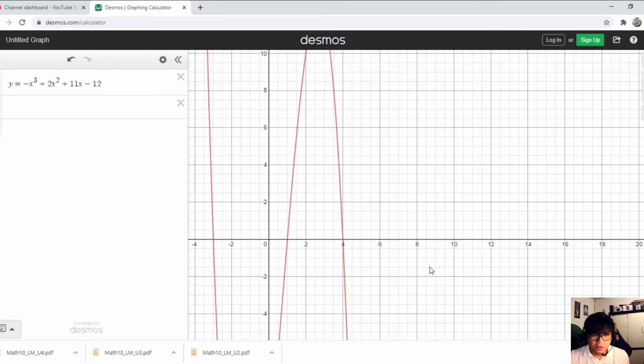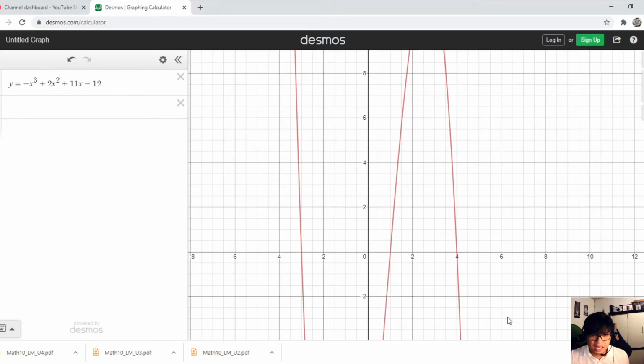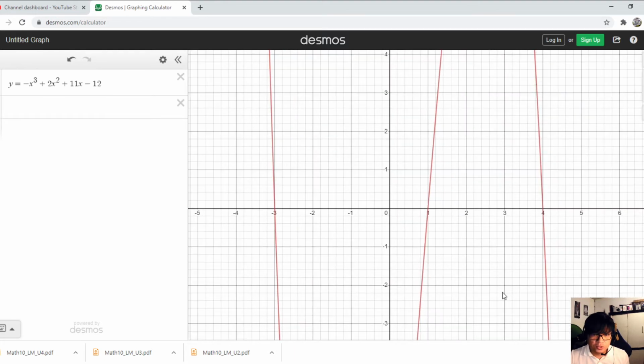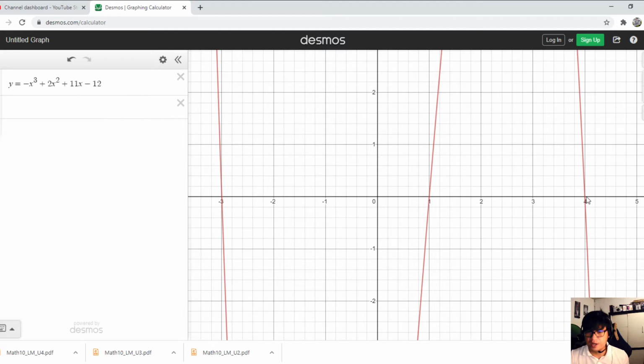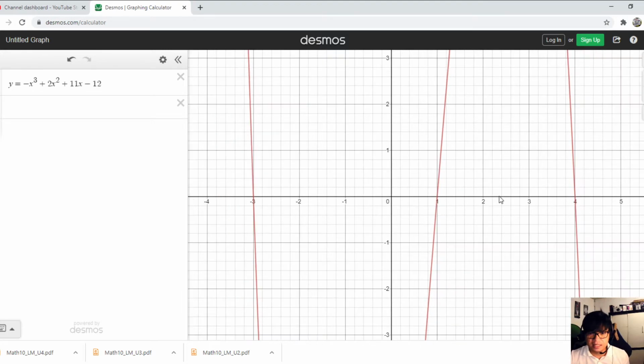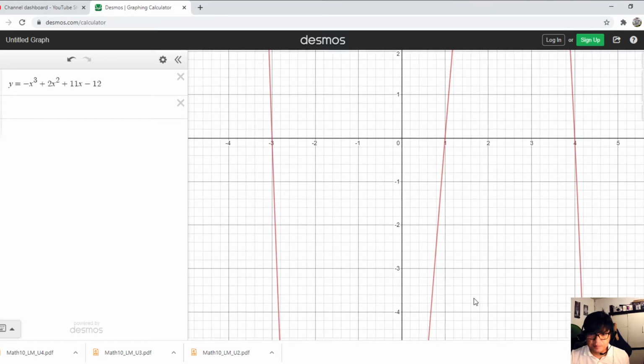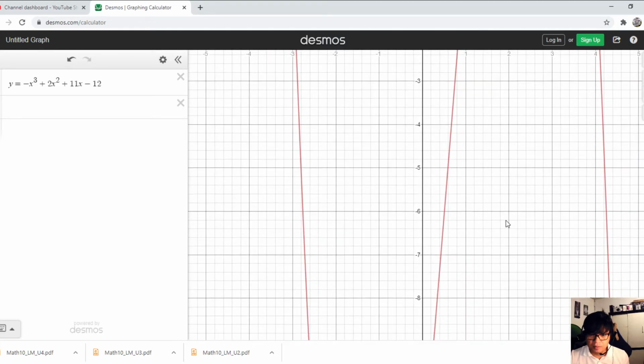So, as you can see, ito yung mga dinaanan niya na point. So, dumaan siya sa negative 3, X-intercept natin. Dumaan siya sa 1 and dumaan siya sa 4. So, yan yung mga X-intercepts. Tingnan natin yung Y-intercept kung sa negative 12 ba siya dumaan.